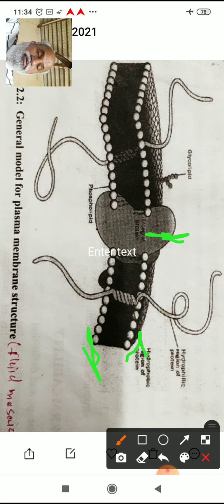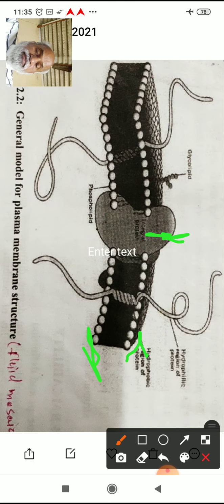The plasma membrane is a fluid mosaic of lipids, so it has a somewhat floating ability, that is why it is called fluid, and it has lipids, proteins and carbohydrates in it.